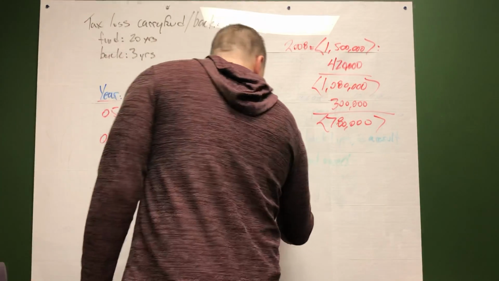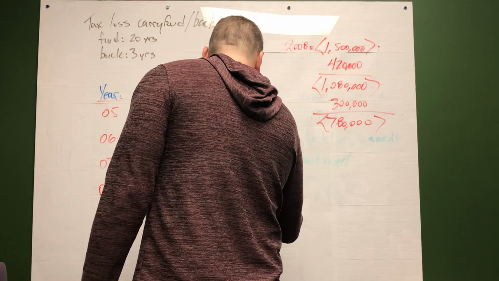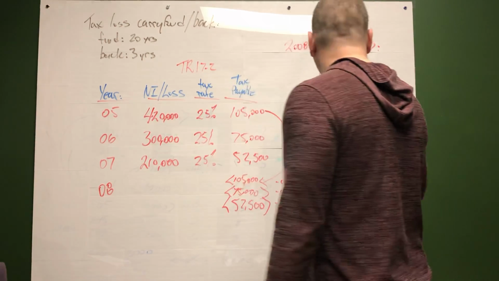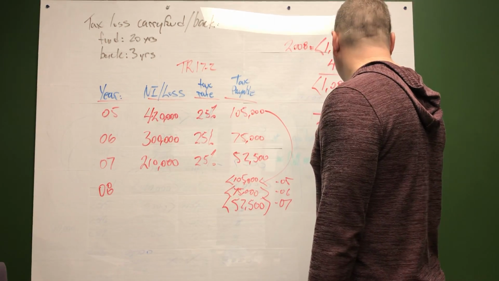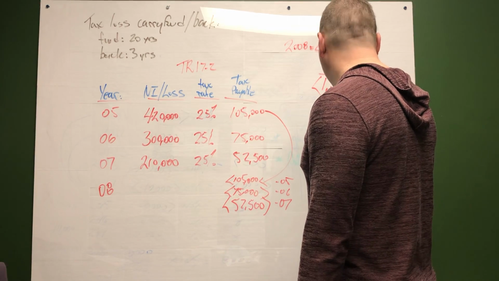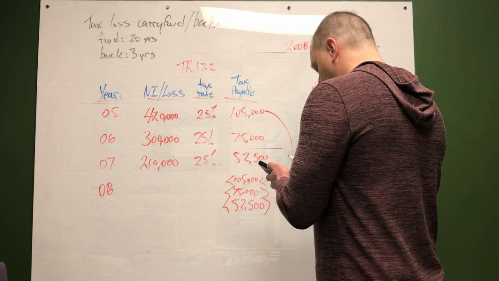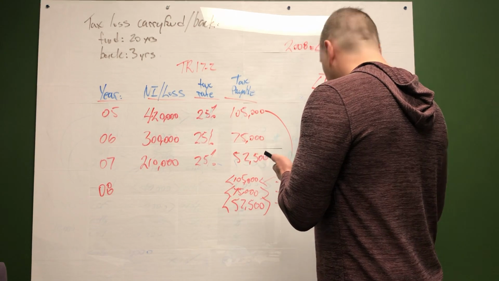Now for '07, we're going to get back the 52,500 that we paid out, which would be 210,000 of income that we're going to use, minus 210. So 570.